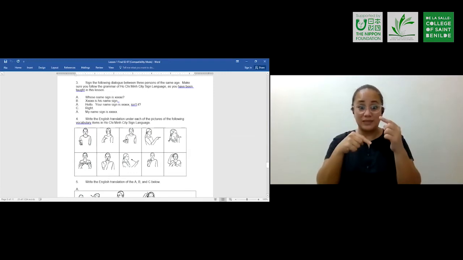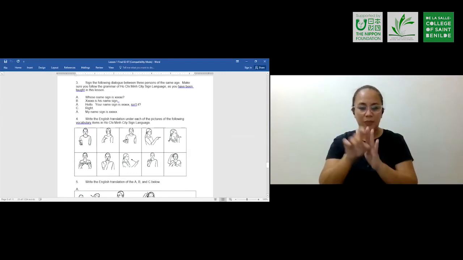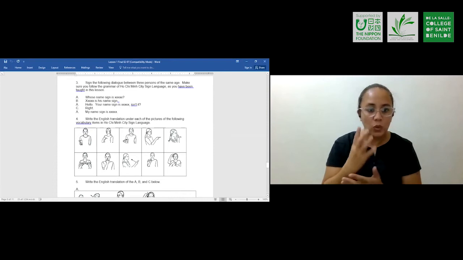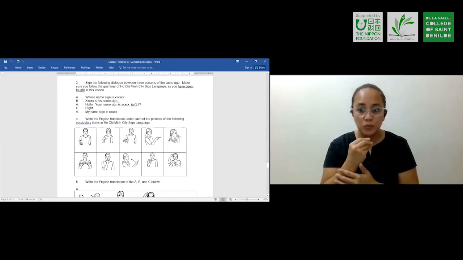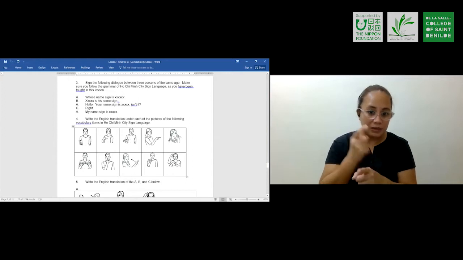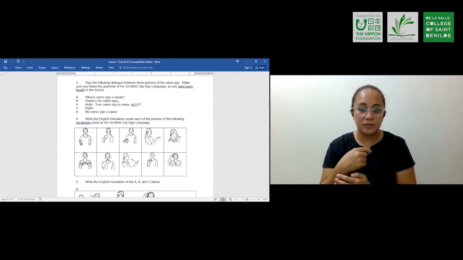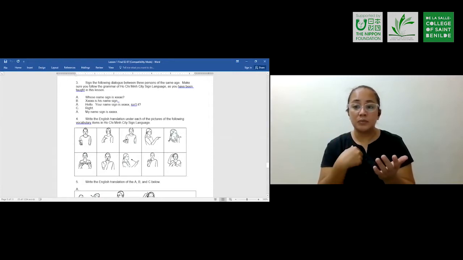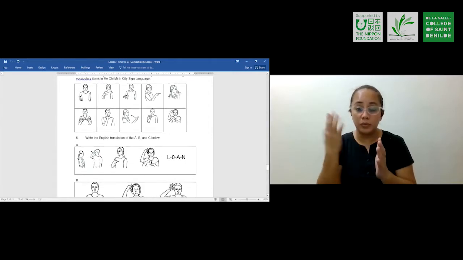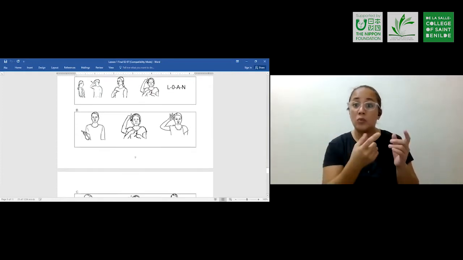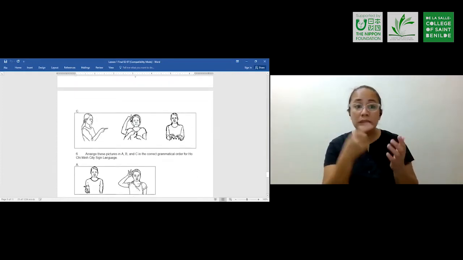But for example, the first sign on the left right here is who, and then me, and then right or correct, third sign, and then you, I ask you.